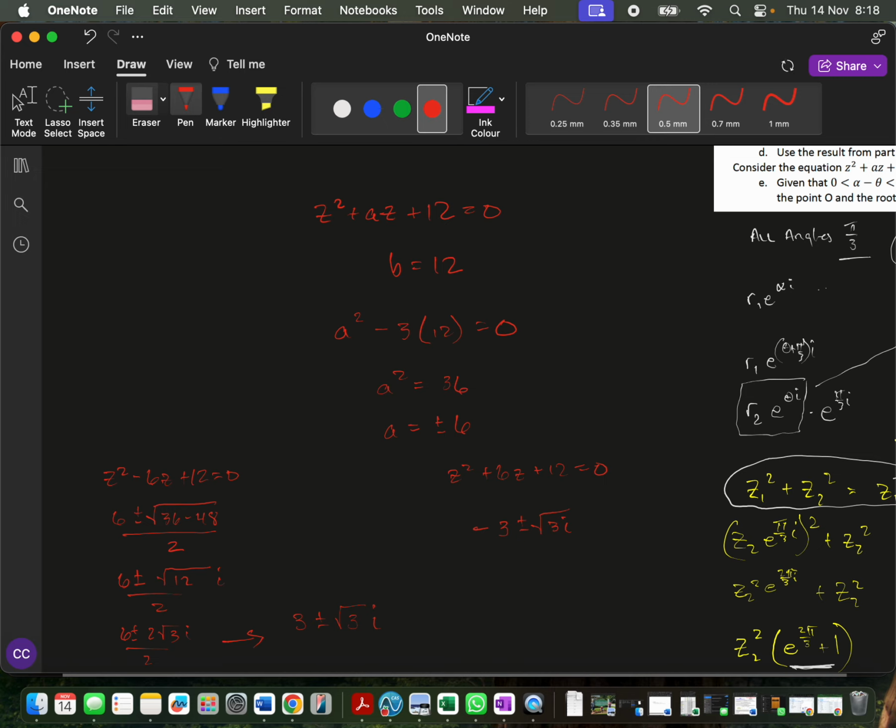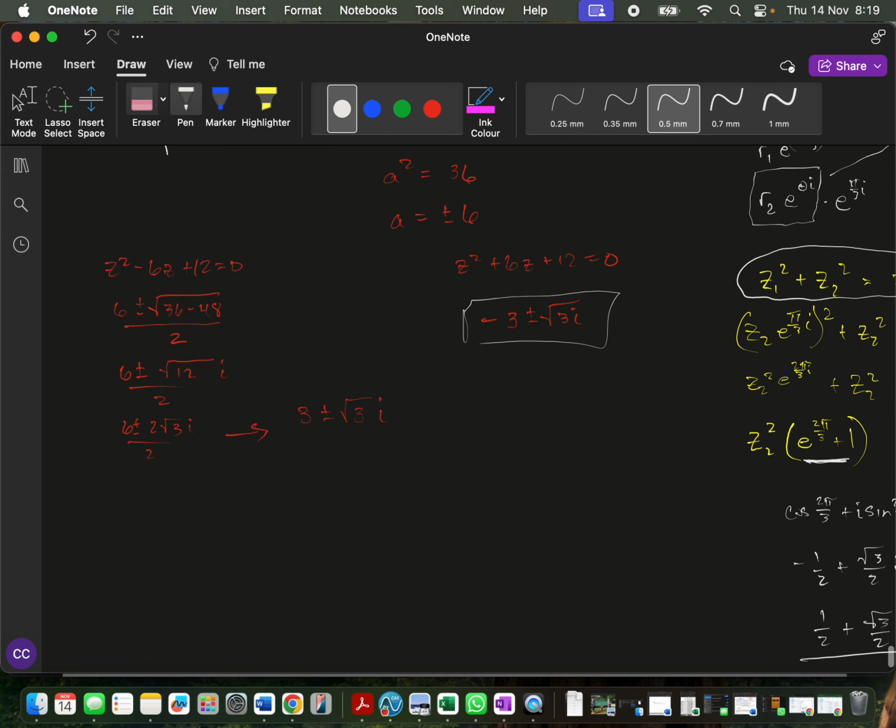Z1 has to be the bigger one. So looking at where these would be in space very quickly, on an Argand diagram, negative 3, negative root 3, I'm working with this one here, and negative 3, positive root 3 would be that one there.